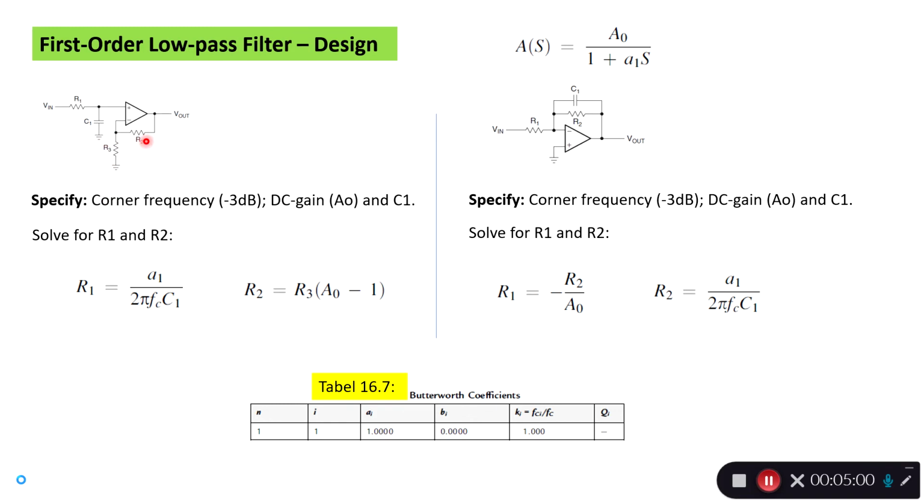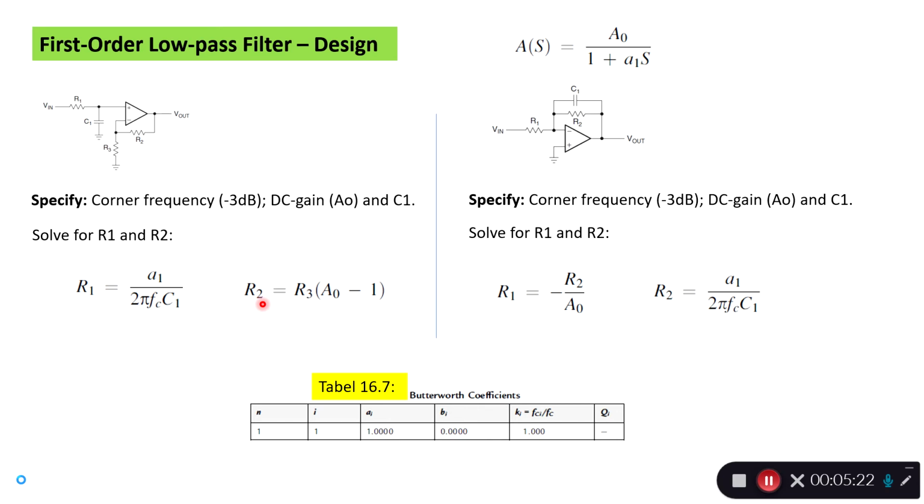For the non-inverting setup, we find that R1 can be calculated knowing the filter coefficient A1 and 2π and the cutoff frequency, the corner frequency we want. And we have to select a capacitor.